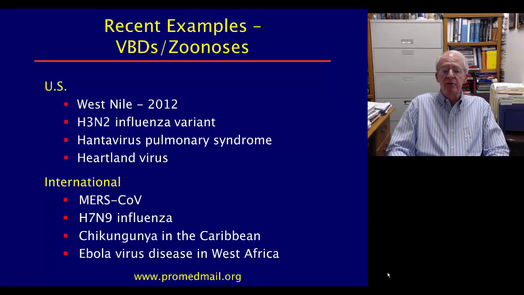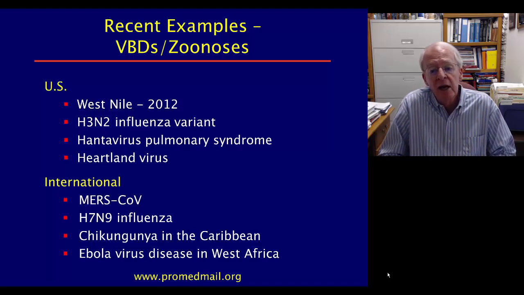H3N2 influenza variant associated with swine exposures in the U.S. Hantavirus pulmonary syndrome, a big outbreak in Yosemite National Park recently, and the emergence and first detection of Heartland virus, a phlebovirus, recently detected initially in our state of Missouri.